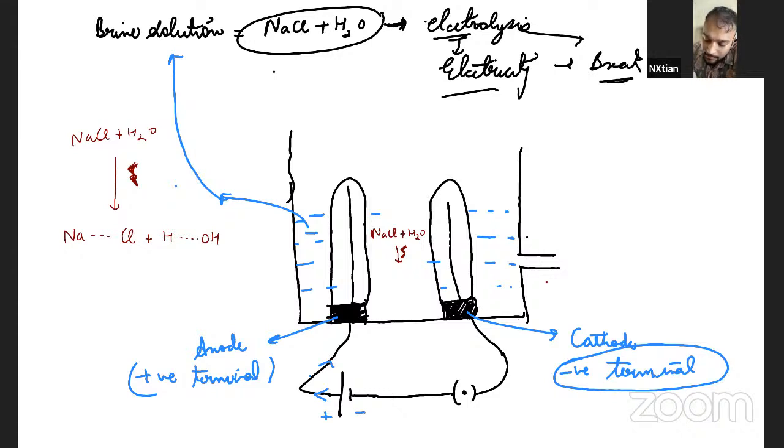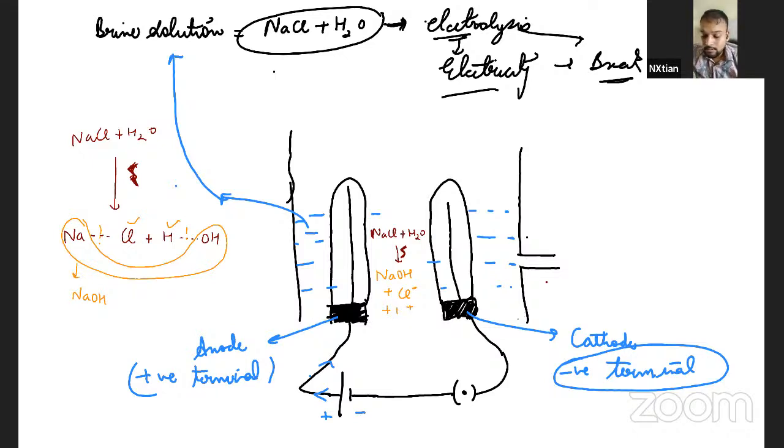Then now what happened? This Na creates a bond with this OH, making NaOH, and these two compounds don't make their bond. But what happened? See, NaOH is formed, plus Cl negative is there and H positive is there.